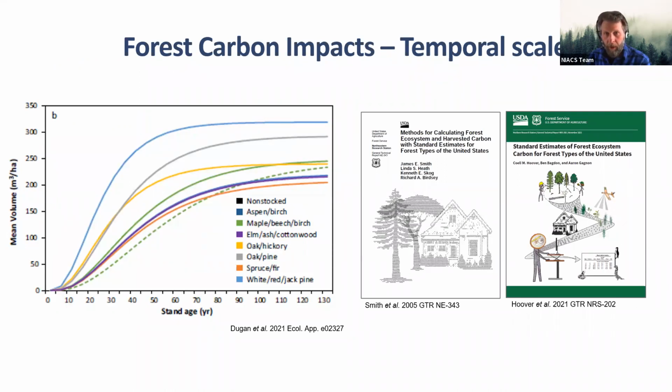Before I talk about hemlock and show some data on hemlock and carbon, I just wanted to also mention that we can put some numbers on that response curve. There are some resources out there that I'm showing here: the Smith GTR, known widely as the Green Book, and the updated growth and yield tables that were just published in November of last year from Chaley Hoover, which can inform some of what that looks like. But that's very broad. It's based on forest type groups.